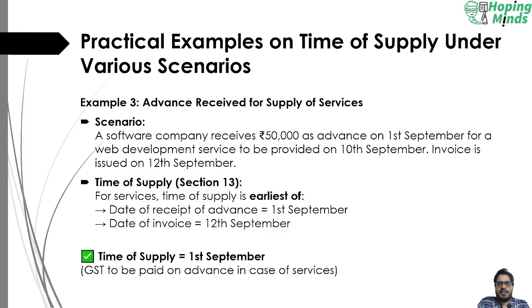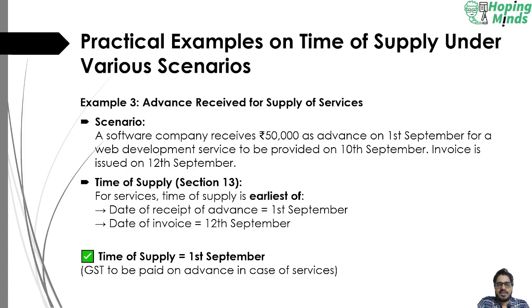Then we have advance received for supply of services. A software company receives rupees 50,000 as advance on 1st September for web development services to be provided on 10th of September. Invoice is issued on 12th of September. So the invoice is issued after the provision of service.